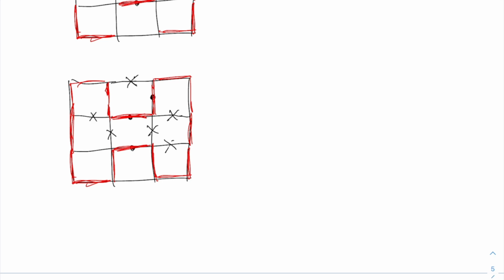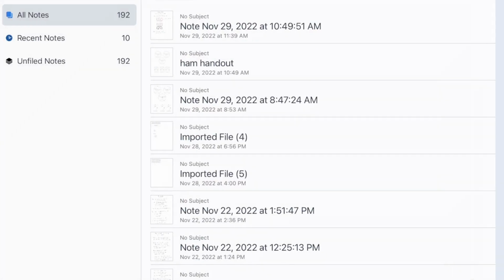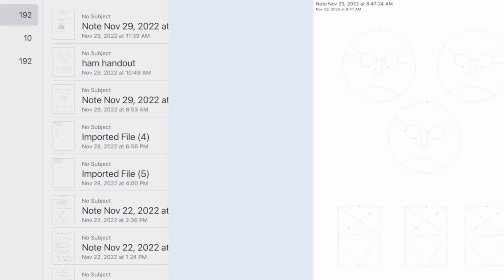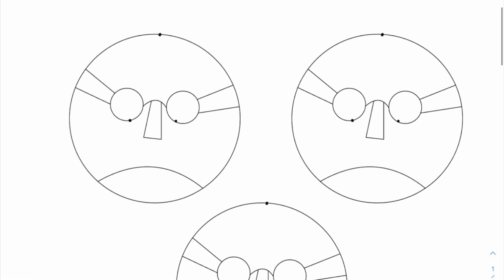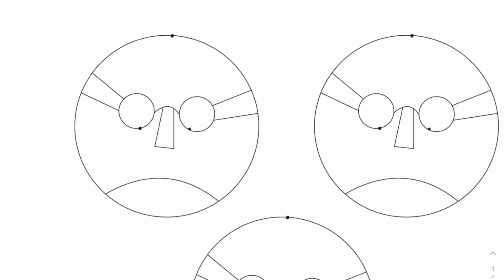I put a few copies of each one on the paper, just in case you mess it up. Like I said, I won't expect you to redraw it in steps. You should be able to do it all at once. All right, I have my version of this right here. Okay, so let's start with this guy here, this cute little guy. Find the Hamilton circuit, or explain to me why not.